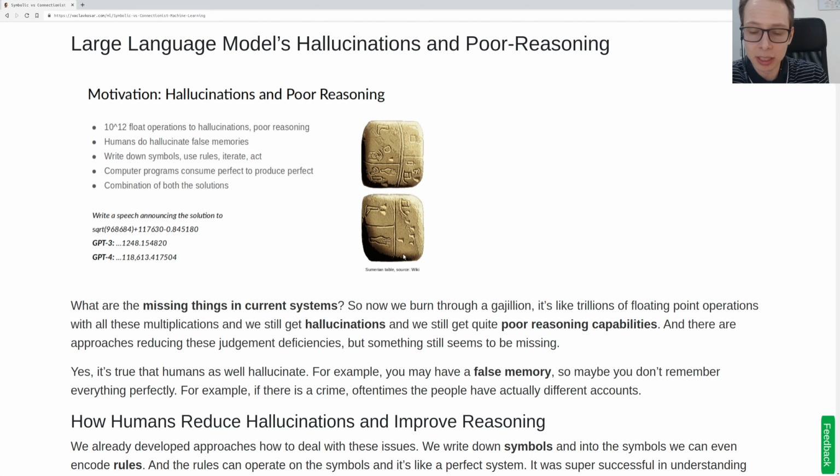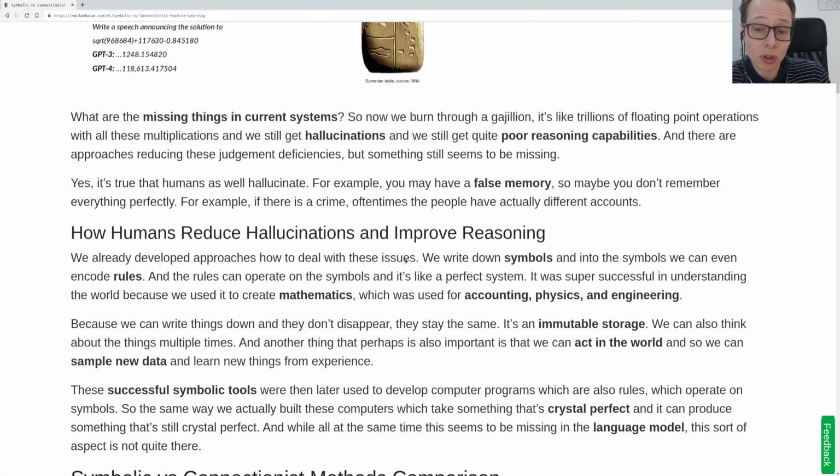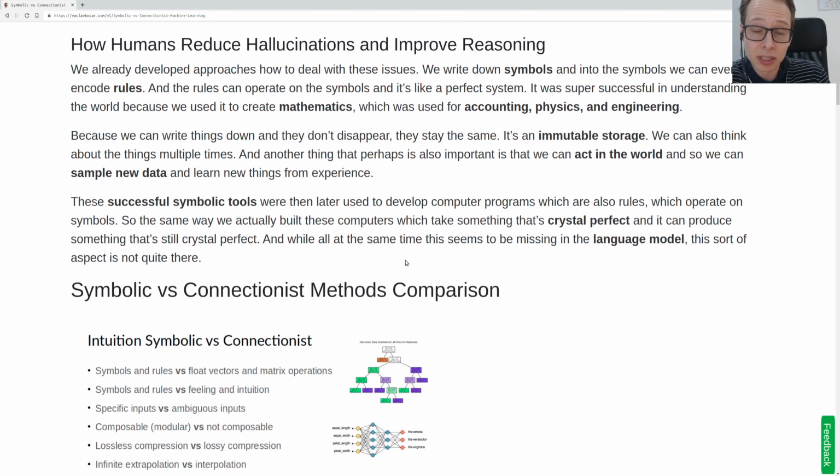Maybe you had a false memory today. For example, if there's a crime, people don't always remember and describe the situations the same way. So there must be some hallucination there as well. So people don't remember, sometimes they don't reason 100%.